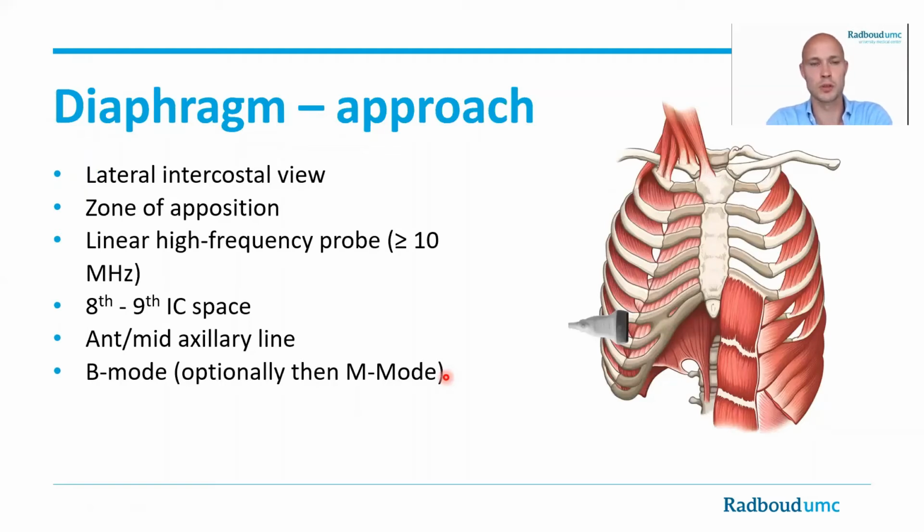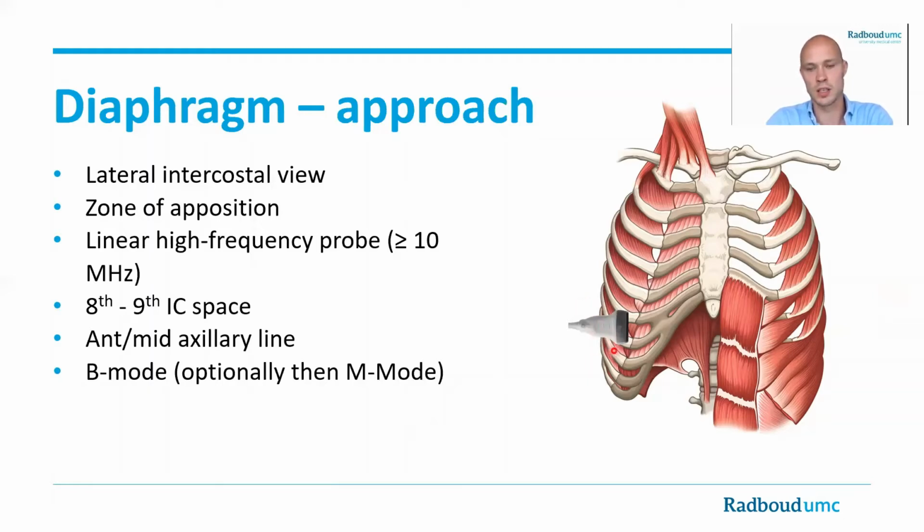There are different approaches to scan the diaphragm. We'll be presenting the lateral intercostal view, and here you can visualize the diaphragm in the zone of apposition, and this is where the diaphragm attaches to the rib cage. And typically you can use a linear high frequency probe of at least 10 megahertz.